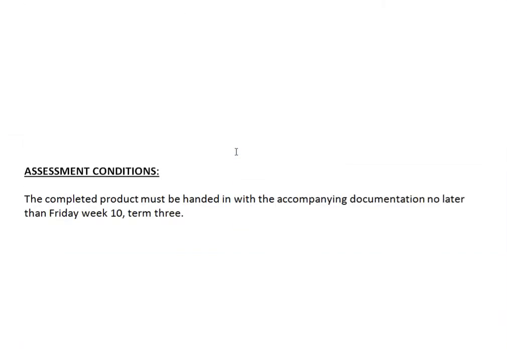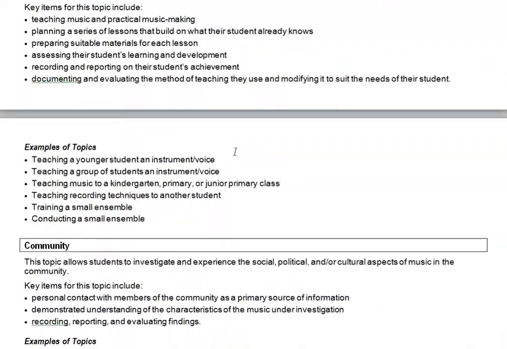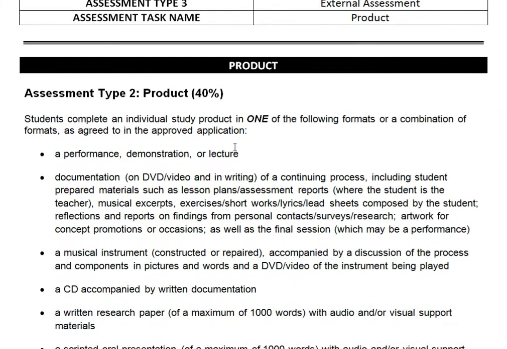Now, it's very, very important that when you're doing the product, you are constantly documenting what's going on. When you do anything, no matter what it is, you need to write it down. And this is going to be essential for part of the folio. And I'll be talking about the folio in a different tutorial. But I think it's important to understand that when you're producing your product, you're not just producing the product.